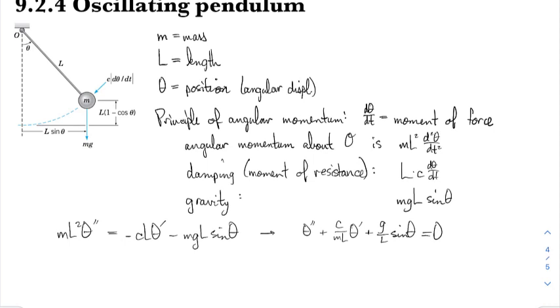And so we can rewrite this as theta double prime plus gamma theta prime plus omega squared sine theta, for gamma equal to c over ml, and omega equal to the square root of g over L.